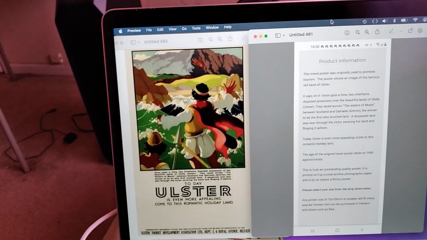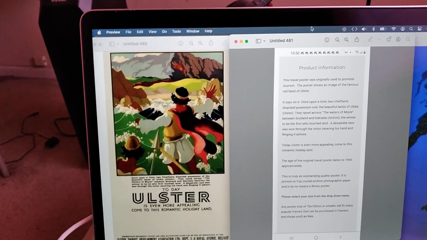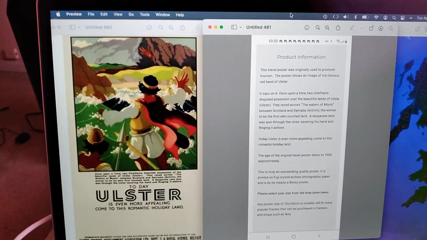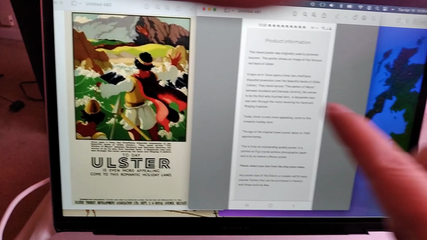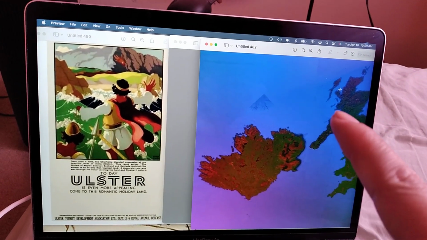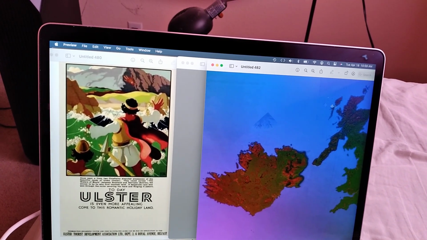So that part is, I think they're mixing some things up here, because Dalriada was a kingdom that spanned both sides. So Dalriada included all of this and this.